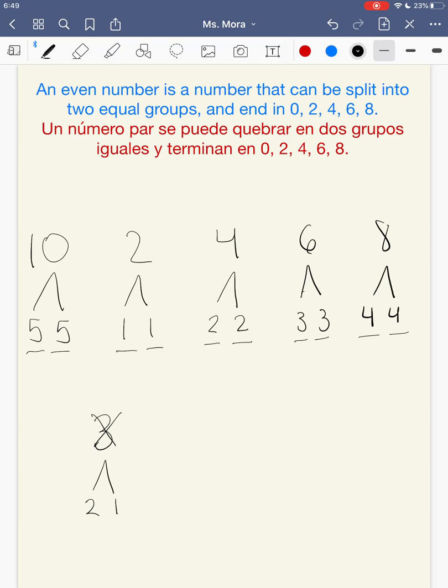Okay, what about the number 7? 7, you can split up into 6 plus 1, that's not equal, or 5 plus 2, those aren't equal, or 3 plus 4, those are not equal, or 0 plus 7, and those are not equal. So 7 is also not an even number, okay? So only the numbers that end in 0, 2, 4, 6, or 8 in the ones place are even numbers, okay?